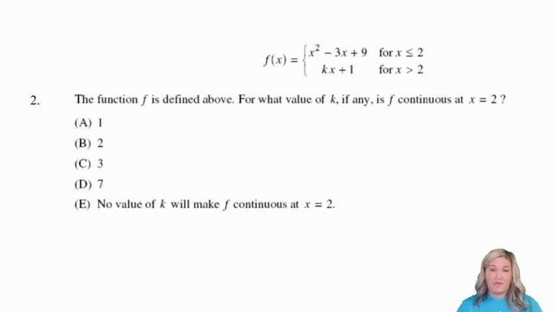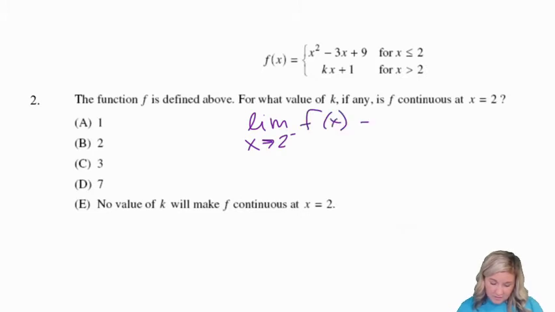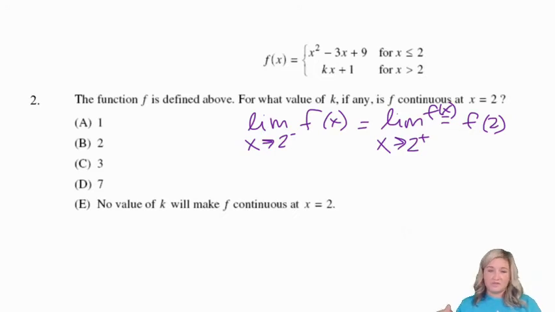We want the limit as x approaches 2 from the left of f of x to be equal to the limit as x approaches 2 from the right. We want that limit to be equal to f of 2. So we want all those things to happen.